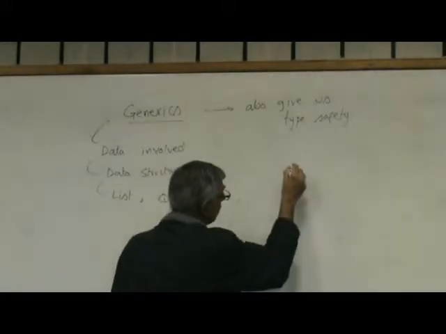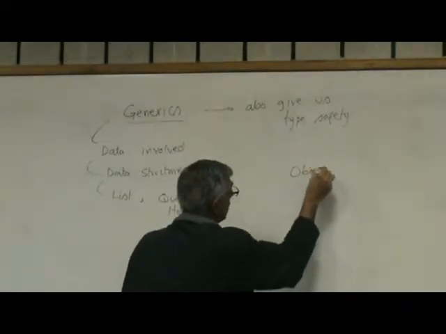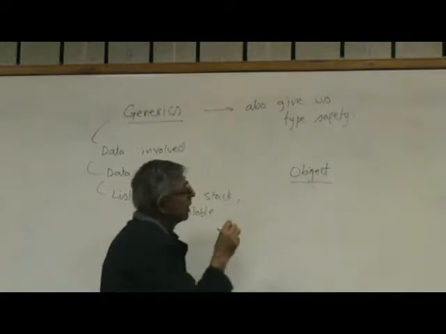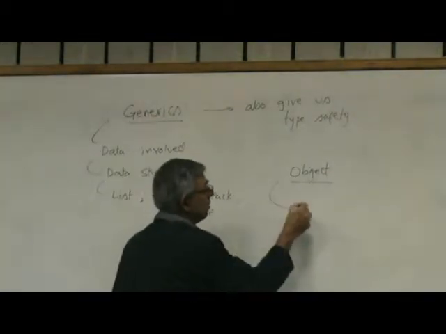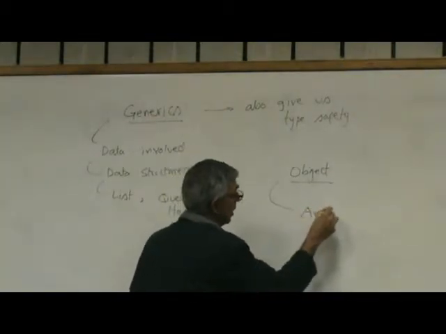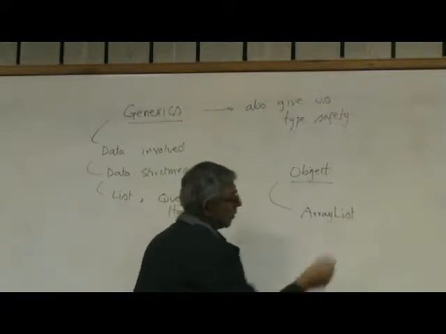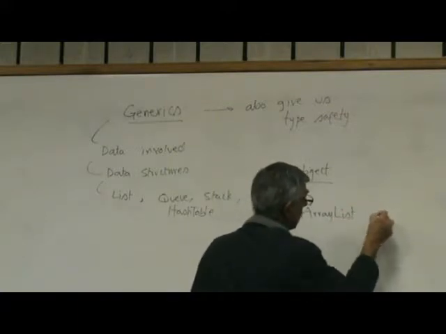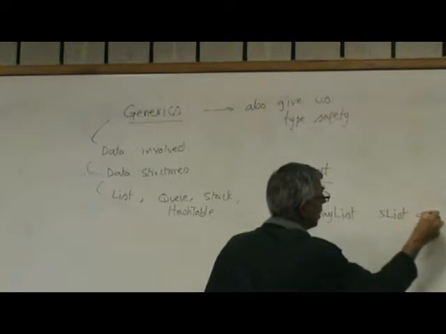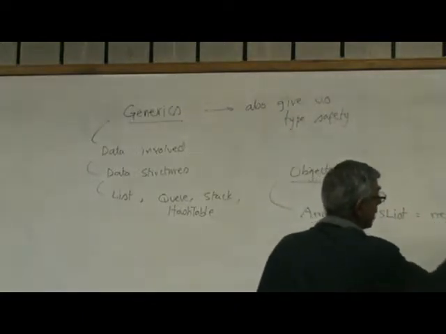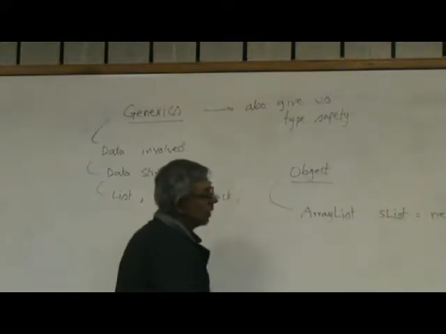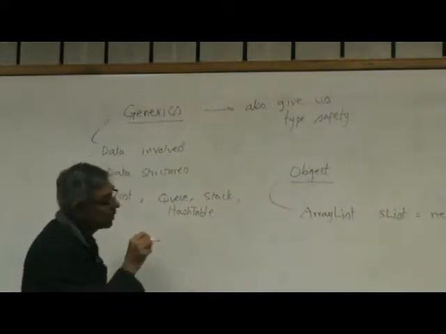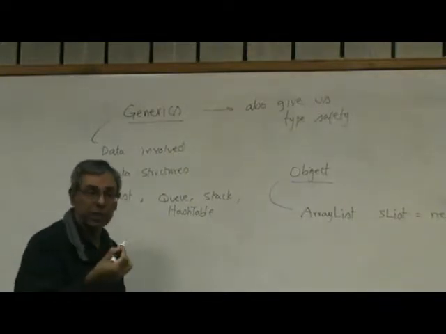So remember, previously, to get more flexibility, we were using, for example, an object, right? If we needed to create an array of objects, what was the most popular collection? ArrayList. So if you created, for example, ArrayList slist equal to new ArrayList. Remember, we discussed that anytime we store something in the ArrayList, it becomes an object, right?